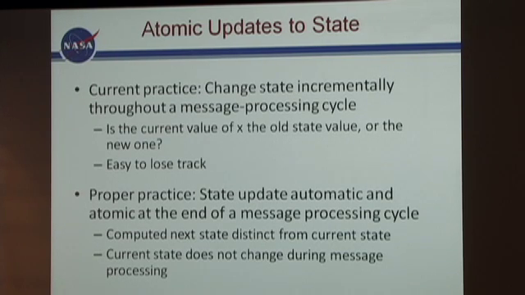The attempt was in fact to write the EDL code for MSL in this functional manner, so that instead of modifying the state as the function ran, it actually kept two copies. There is the current state and there's the next state. And at the end of the processing and computing what the next state is going to be, they copied the next state into the current state for the next round. And the reason that they did that was simply because they wanted to avoid mistakes in the past when people lose track of whether you have modified a variable or not.